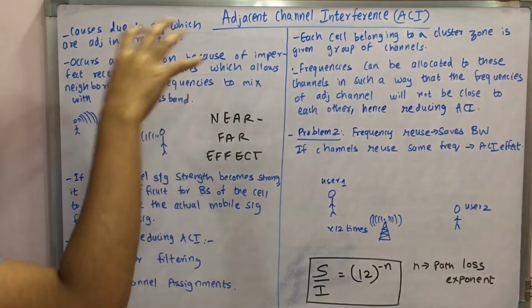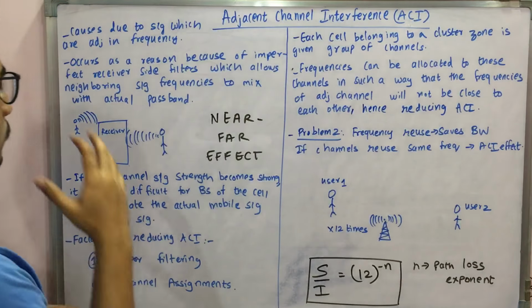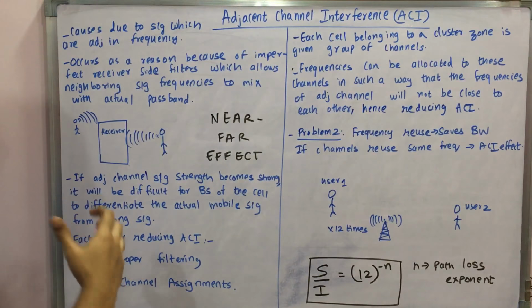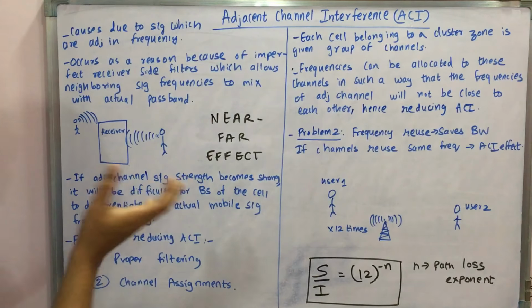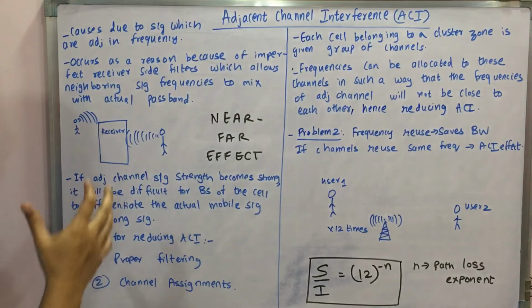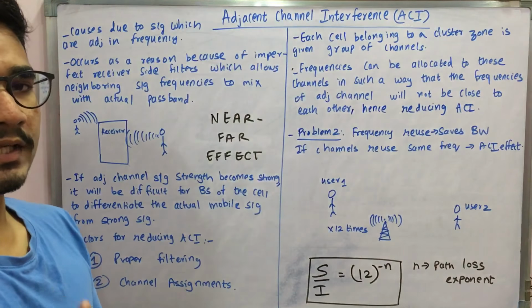That's mainly addressed in ACI. If the adjacent channel signal strength becomes much stronger, it will be difficult for the base station of the actual cell to differentiate whether the actual mobile signal is coming, that's a strong signal, or whether it's a weak signal.